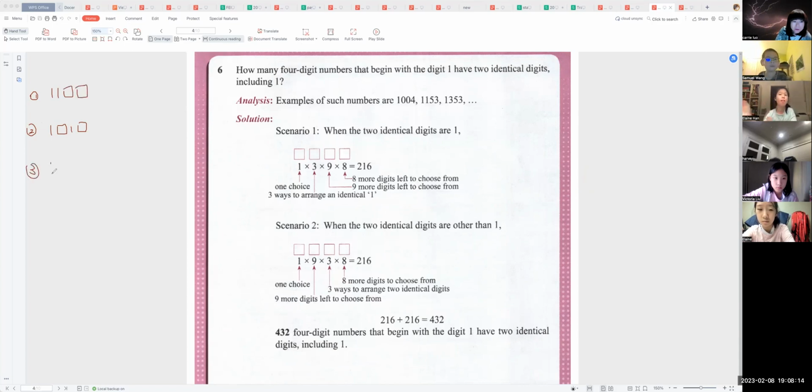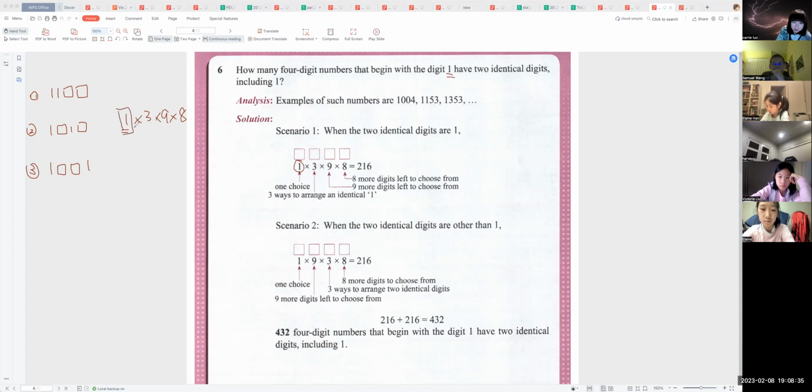The third one is 1 something something 1. Okay, so the first one, we're using 1 times 3 times 9 times 8. The first one is we're talking about the first digit. The first digit must have the 1 there. Correct, everybody? So we're not going to discuss this one.